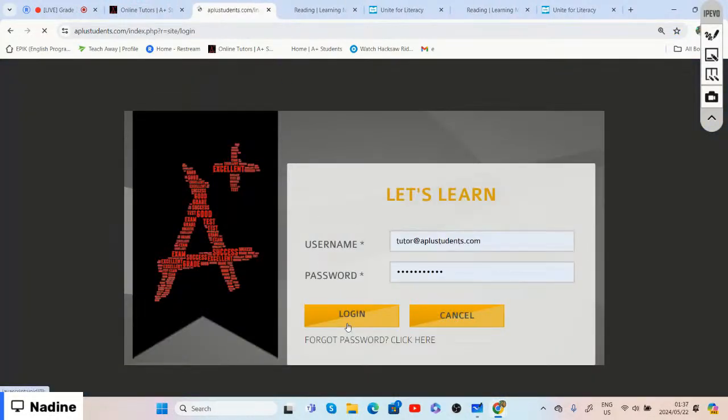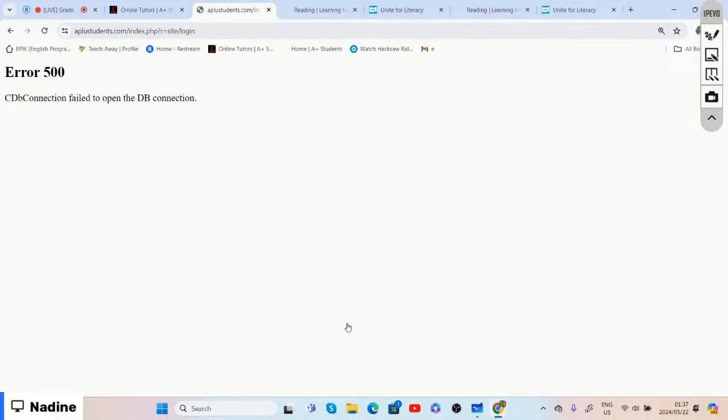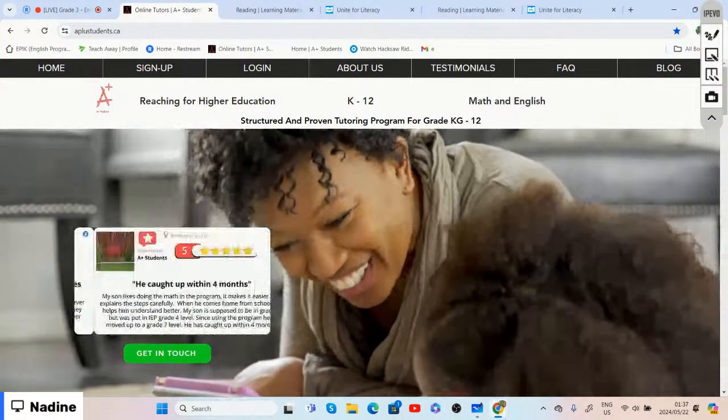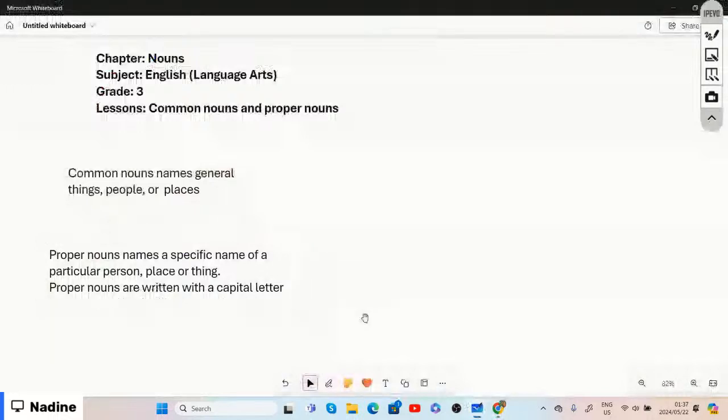Let's try. You see, that is the error message that we are still getting because they are busy fixing the system. So I want to apologize for that. That is why we are just going over what common nouns or proper nouns are on the whiteboard specifically. Yes, it's because the system is down, and that is why the test does not work. And that is why I'm not even going into the test or making mention of the test. I really hope that you guys understand.